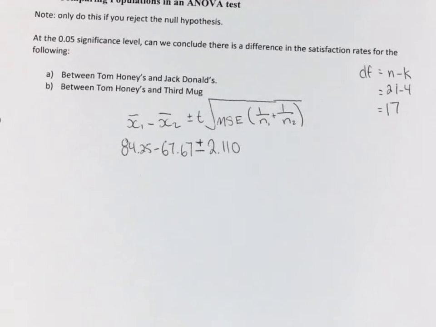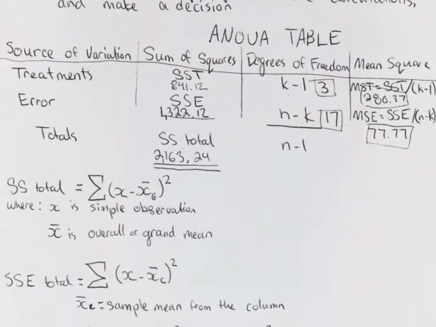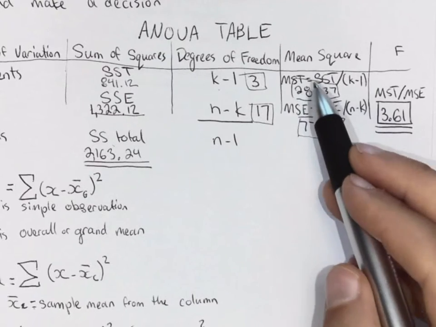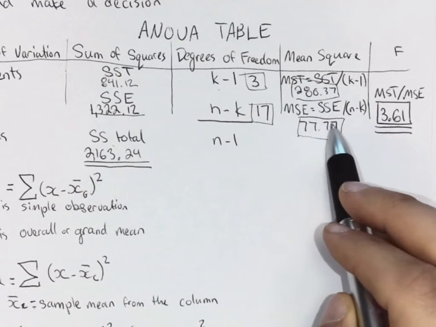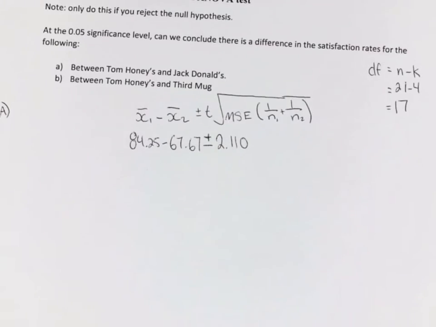Now we're going to take our MSE, or our mean squared amount. Remember, we had our MST and our MSE. This is asking for our MSE, which is 77.77.